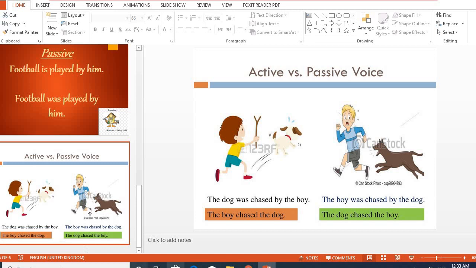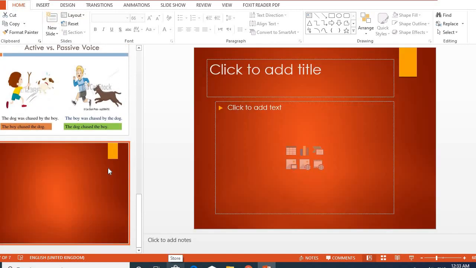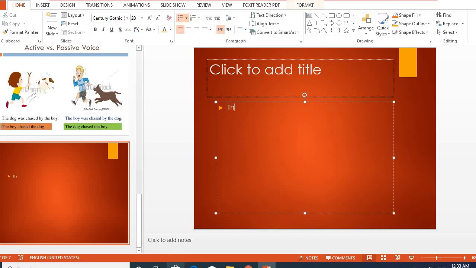Okay, my sentence says, the dog chased the boy, right? This is an active sentence. Why active? Because I know the subject.